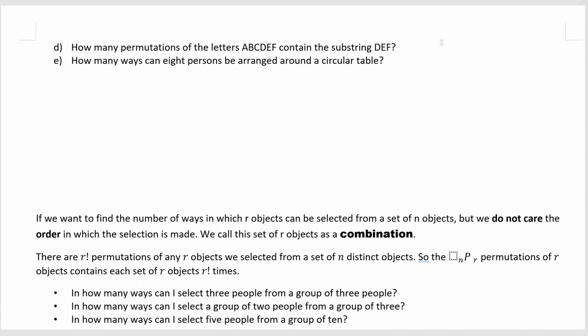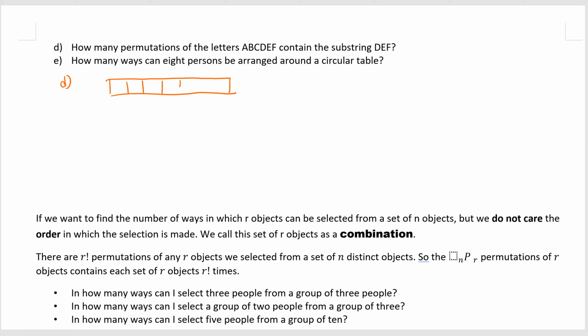Alright, just save it. Okay, let's continue. Part D. How many permutations of the letters A, B, C, D, E, F contain the substring D, E, F? So we have 6 boxes, right?